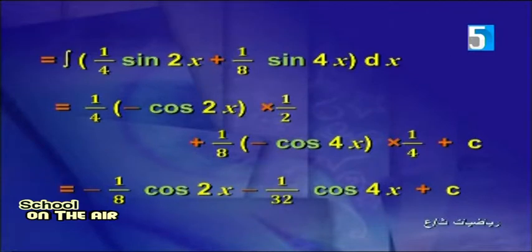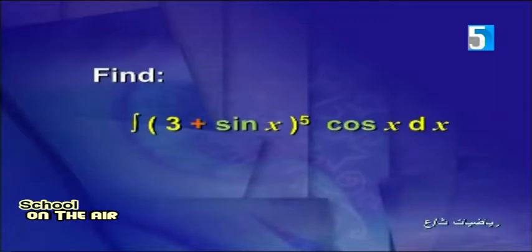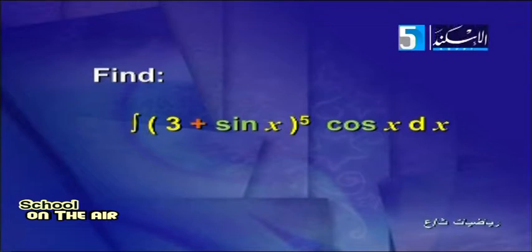The next example, find the integration of (3 plus sine x) all power 5 cosine x dx. Now we have a bracket raised to power 5, multiplied by cosine x, which is the derivative of the expression inside the bracket.